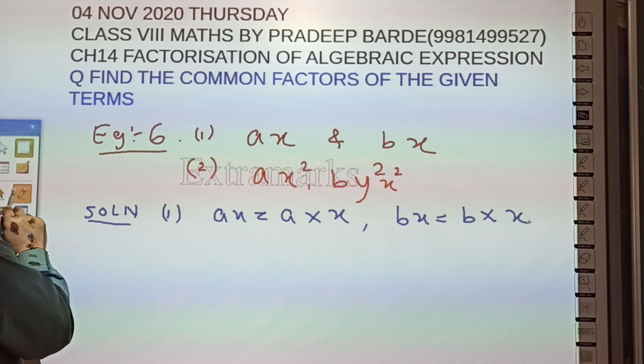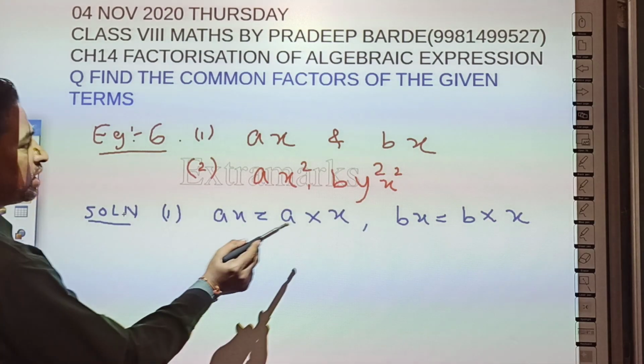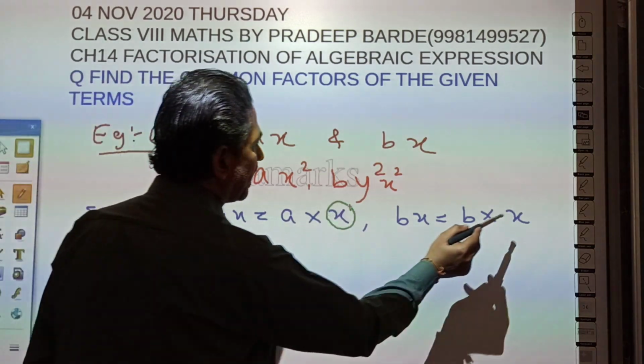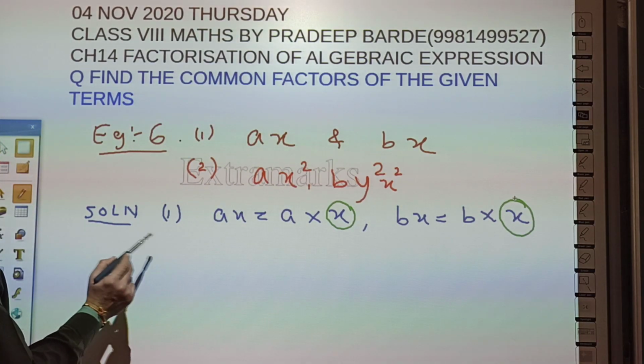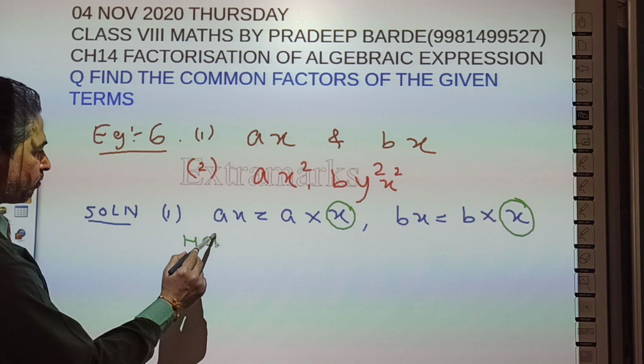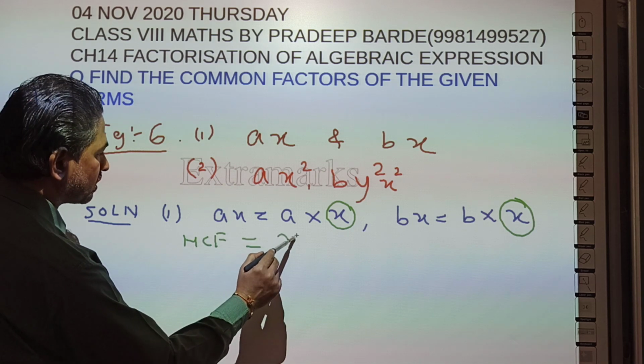Now let's see the common factor. Here we see x is common in both. Therefore the HCF is x.